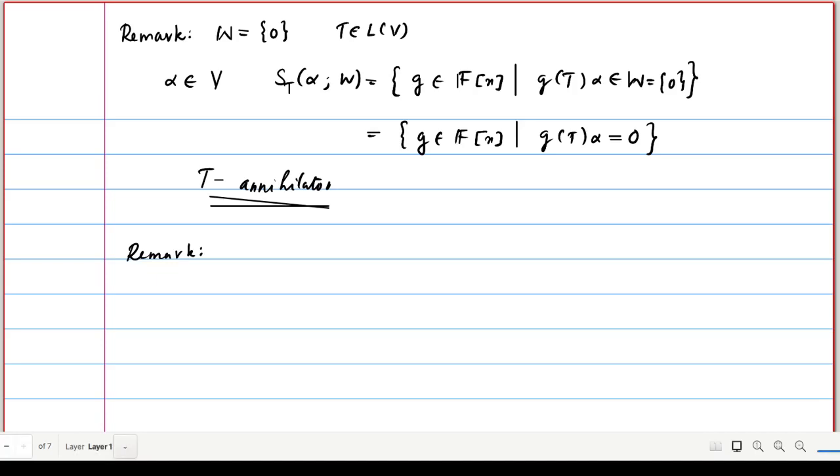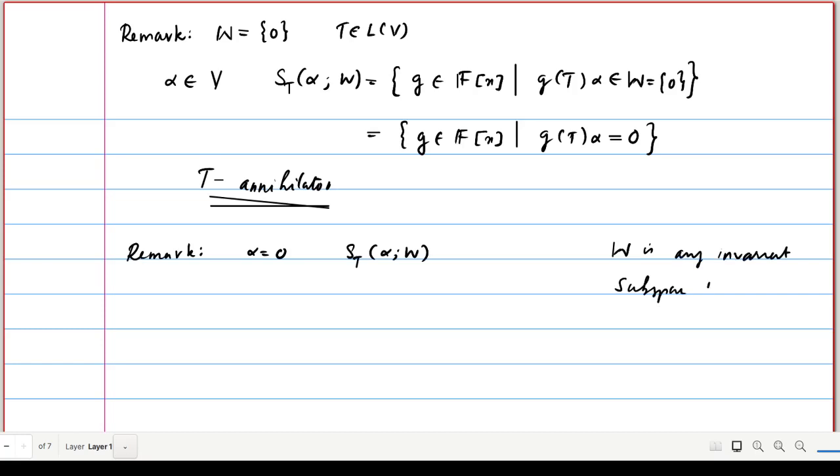We have one more remark. If we take alpha equal to 0, then what is S(T; alpha, W) for any invariant subspace W under T?